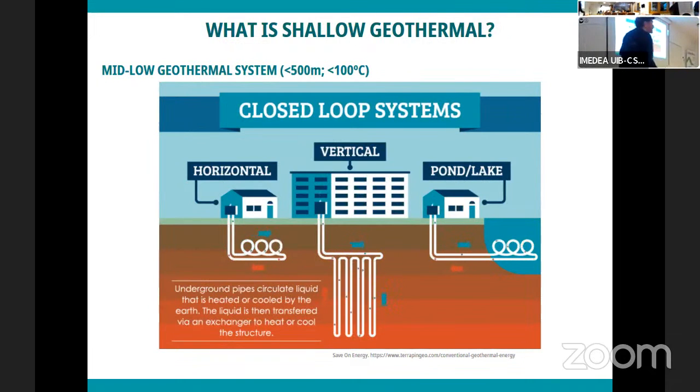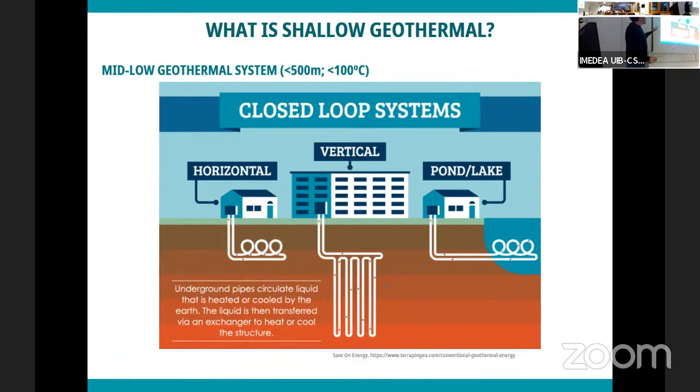Additionally, for district heating and heat pumps, we are talking about less than 500 meters, and there is a closed loop. We have some pipes distributed in different strategic designs to optimize this exchange.